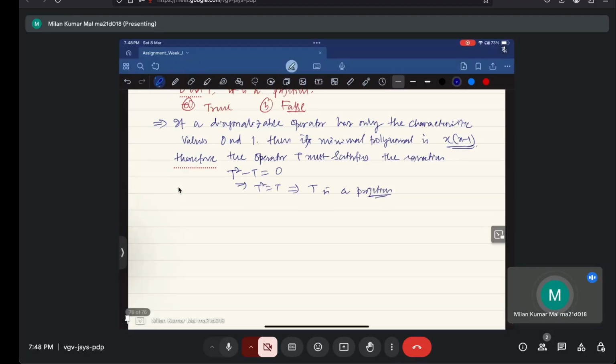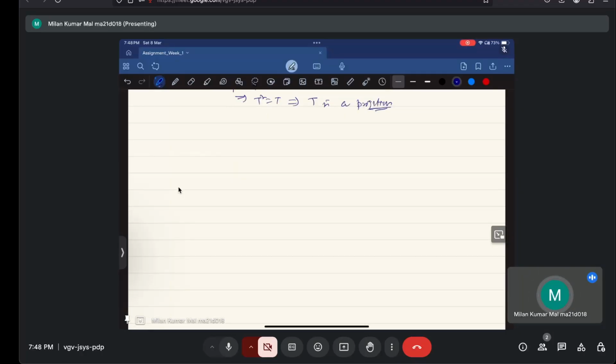So what one can say here is that a projection E on a vector space V can have only two eigenvalues, 0 and 1.